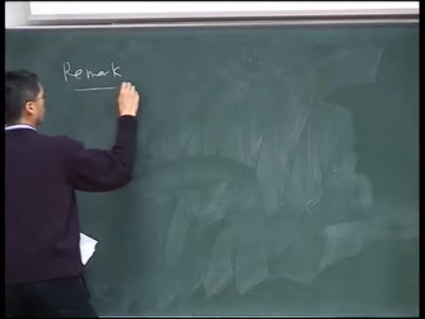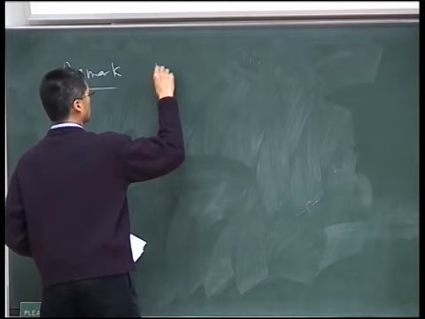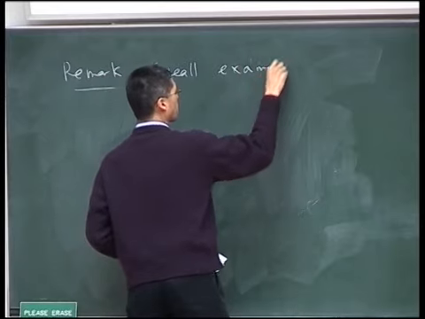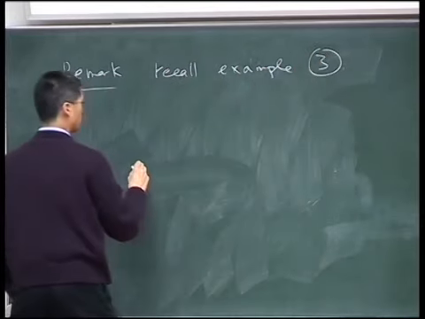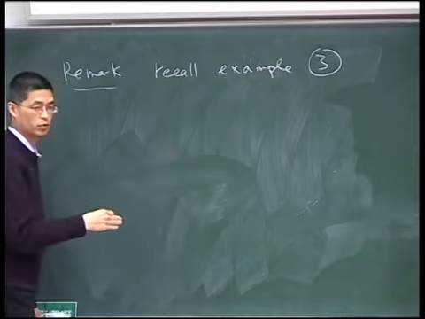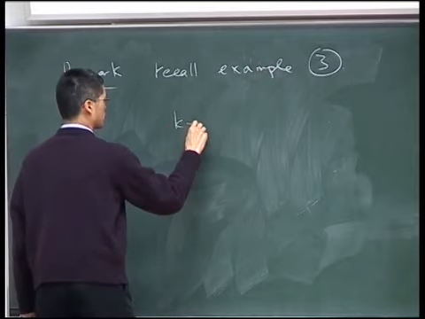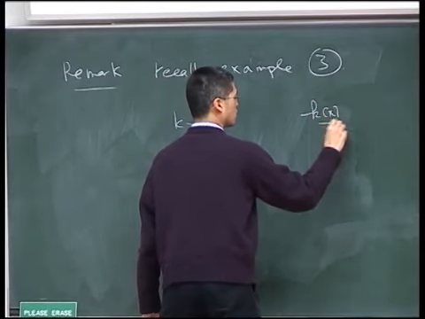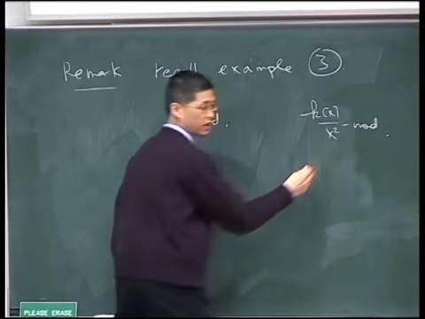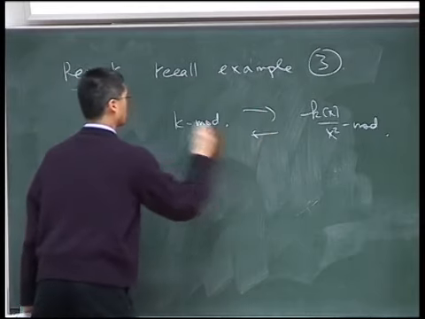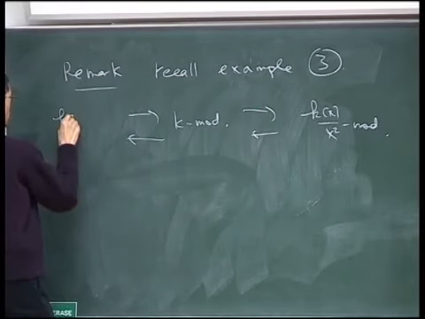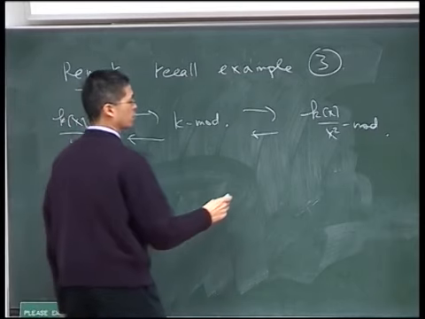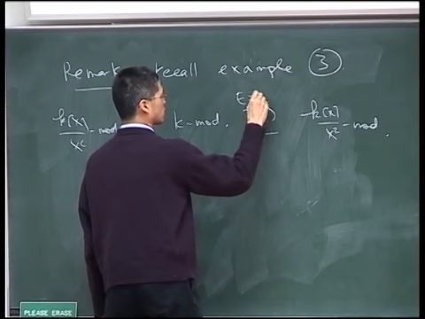Recall that we had an example in the previous lecture where we were categorifying the three-dimensional irreducible module, and we had the category of vector spaces in the middle, and then on the ends we had modules over k of x modulo x squared. And the functors e and f were given by induction and restriction functors.